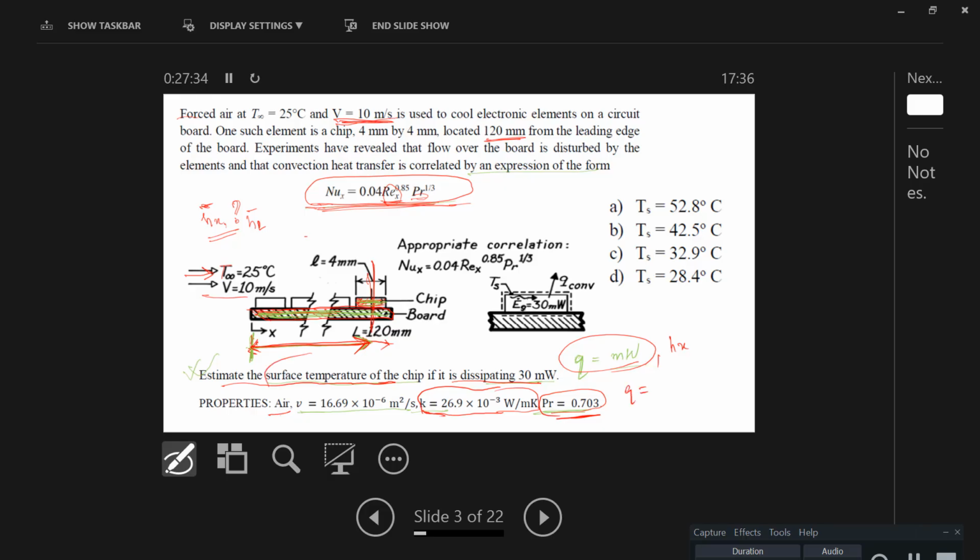Q is given by h_x into A into (Ts minus T infinity). T infinity is the temperature of the outside surrounding air, that is 25 degrees Celsius. It is already given. Now you have to find out Ts. Q is given as 30 milliwatt.